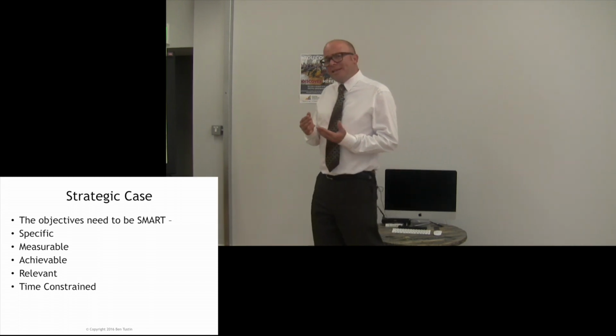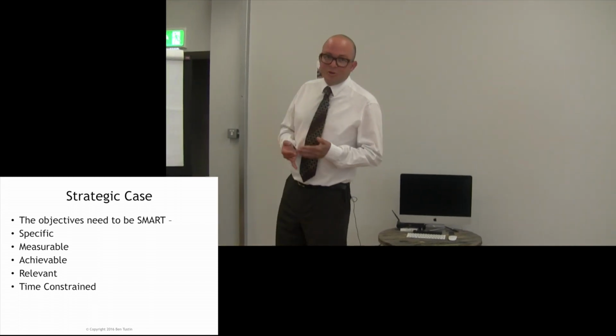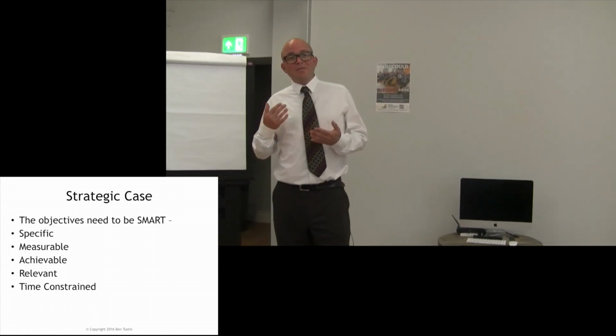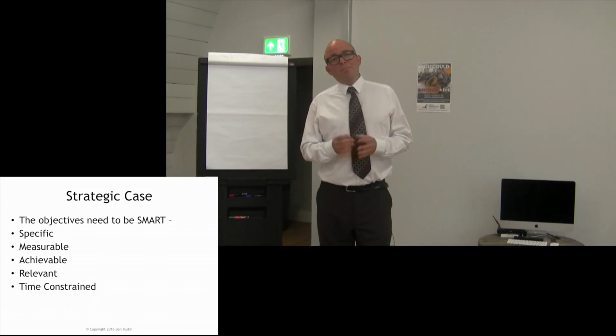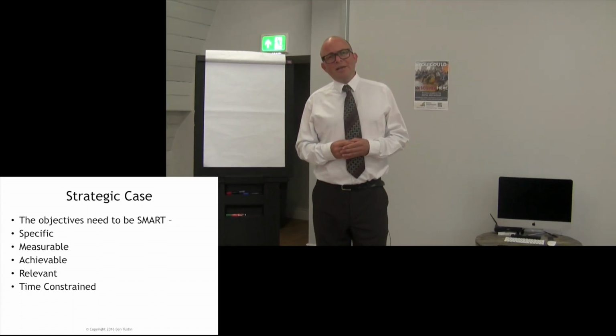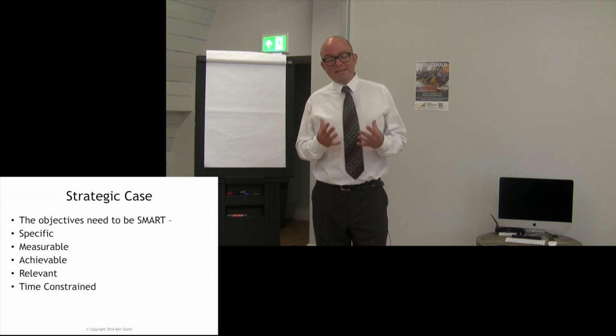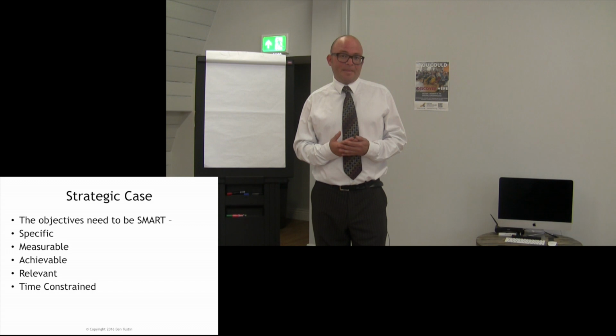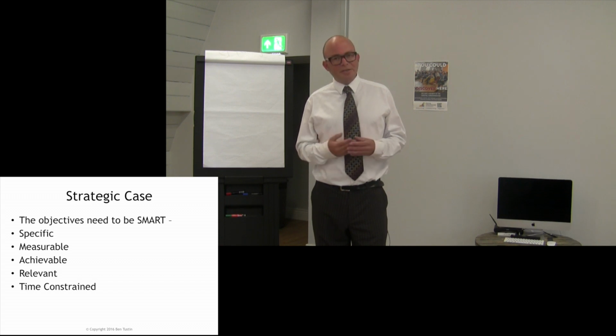How many objectives do you need? However many is relevant. You may have only 2. You may have 20. Putting in objectives that are ambiguous in order simply to bulk out the number of objectives is never going to get anywhere. And it simply confuses the reader of the business case, at the very least, and confuses the decision making.